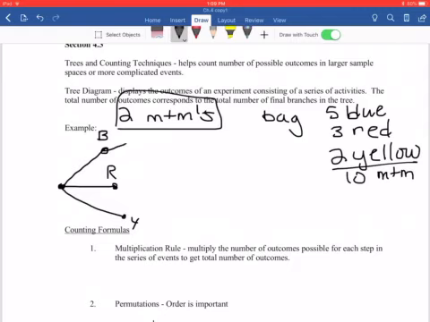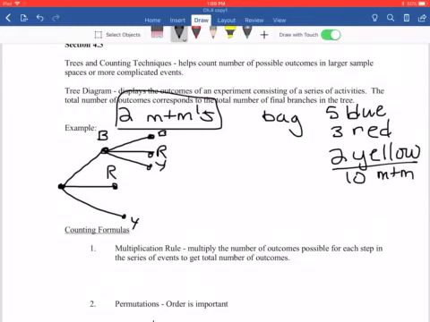On the second draw, again, if I drew a blue M&M on the first draw, I can still get a blue M&M on the second, or I could get a red M&M on the second, or I could get a yellow M&M on the second draw.